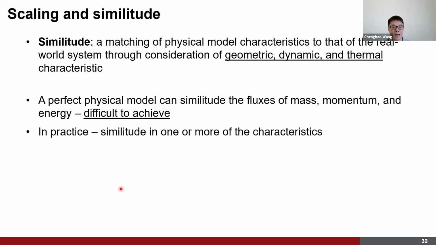But in reality, it is really hard to achieve all three similitudes. So in practice, we always try to ensure similarity in one or two of these properties. Sometimes we only ensure energy similarity or mass similarity, sometimes mass or momentum similarity.